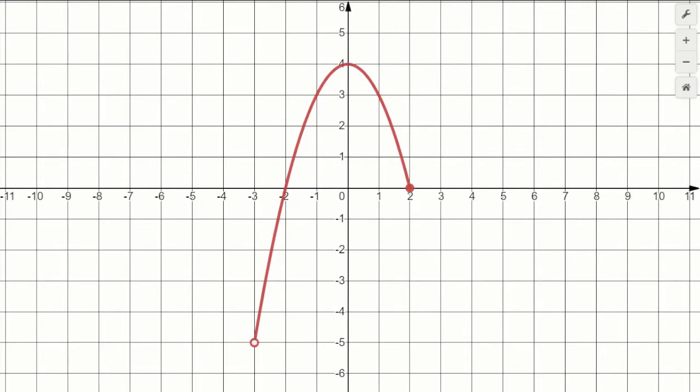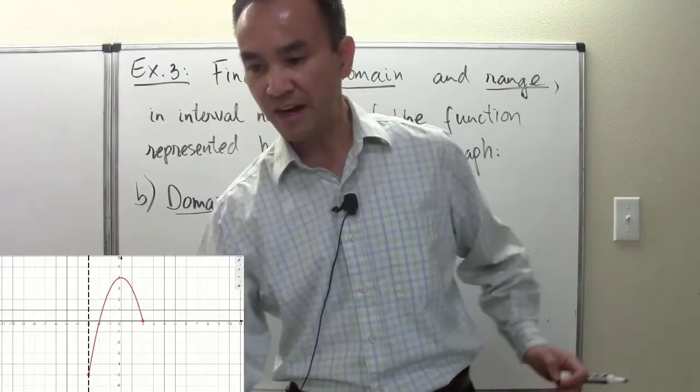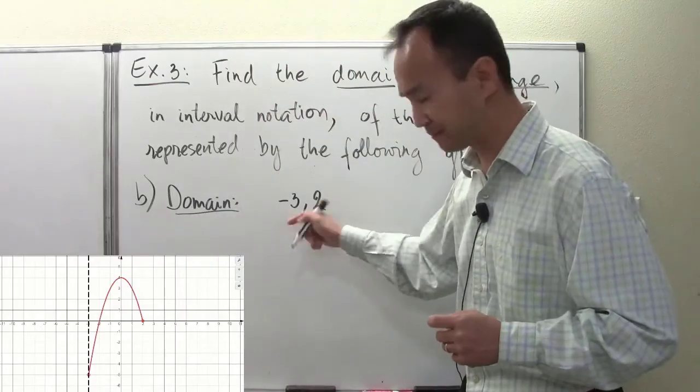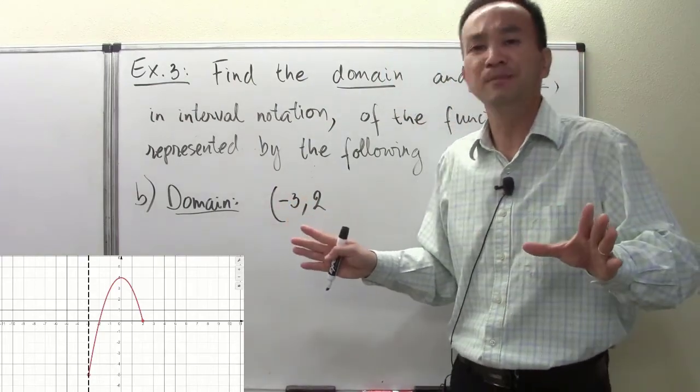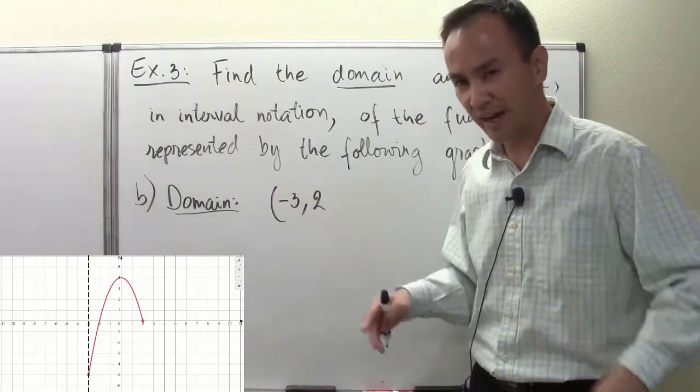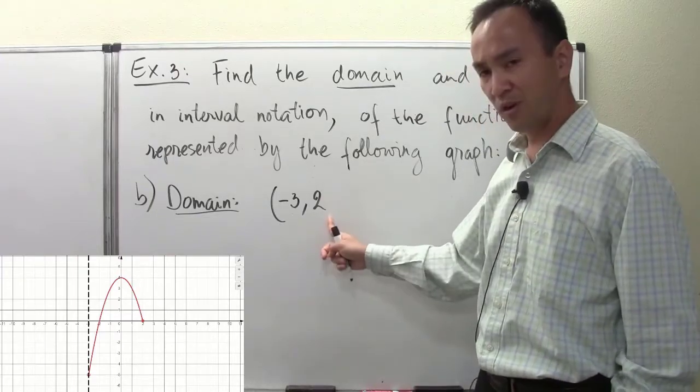That means when x equals -3, we don't have an output defined for that. That's the meaning of this empty point. So in that way, I'm not including -3. Anytime we see an empty point on the graph, it means we're not including that endpoint.